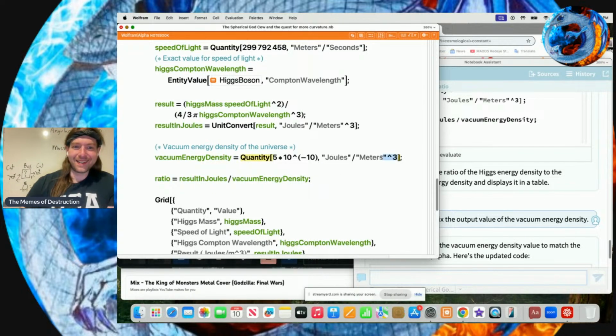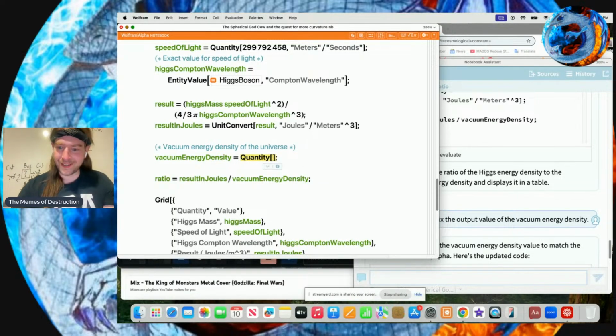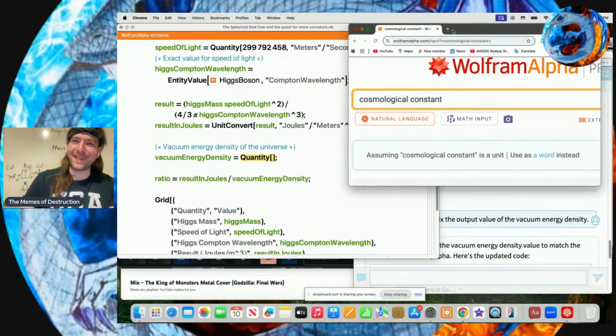Hold on. All right, let's see. Where is this? Hold on. Oh God. Okay, no, does not equal. Oh God. I forgot the simplest thing. The Wolfram language. Wow, I am such.